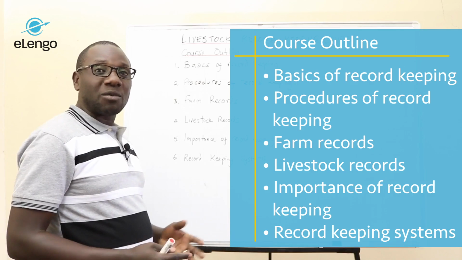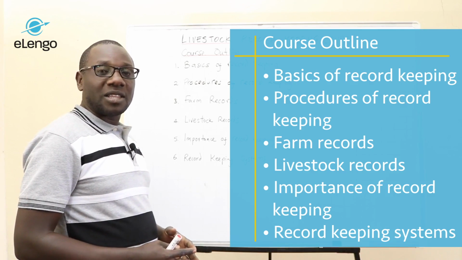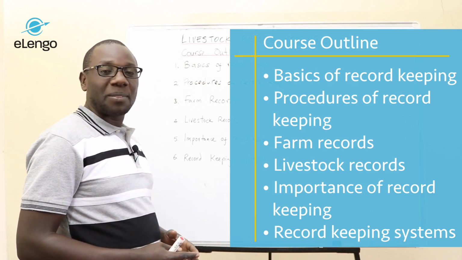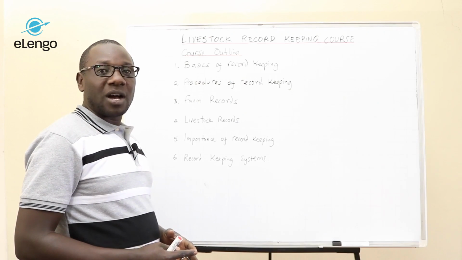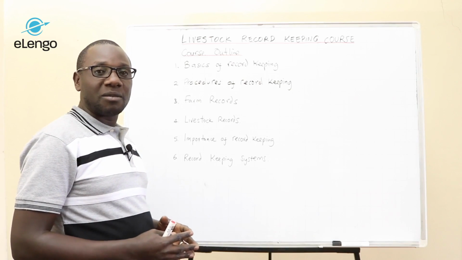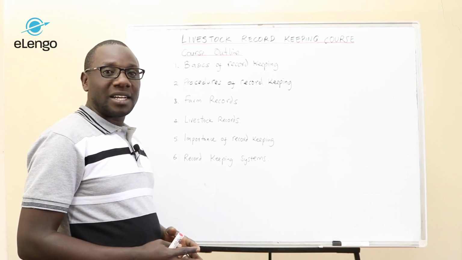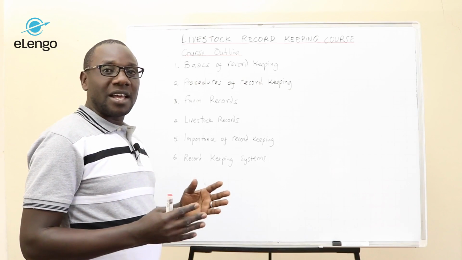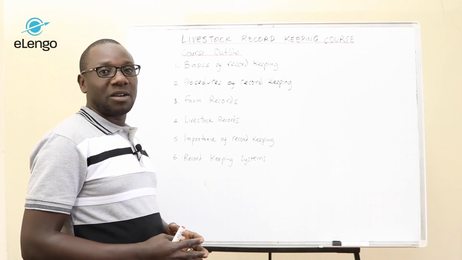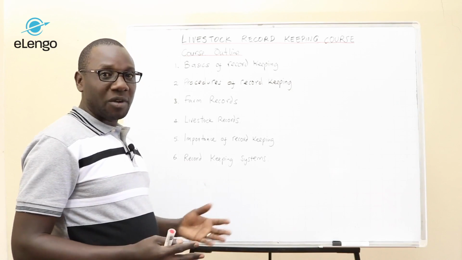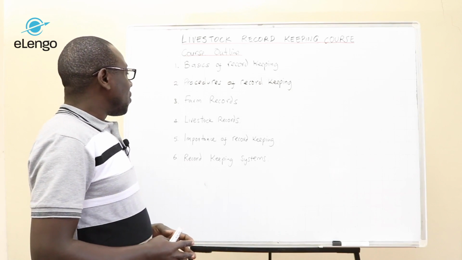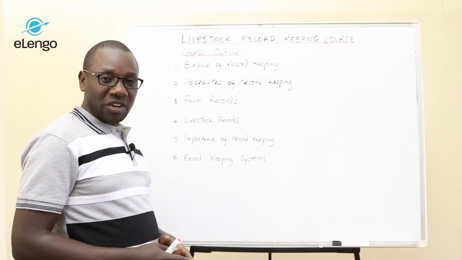We shall be looking at some of the things that farmers need to consider in order to have an effective way of record keeping and organizing their data so that they can extract much more information from what they have recorded. We shall also be looking at farm records in general.